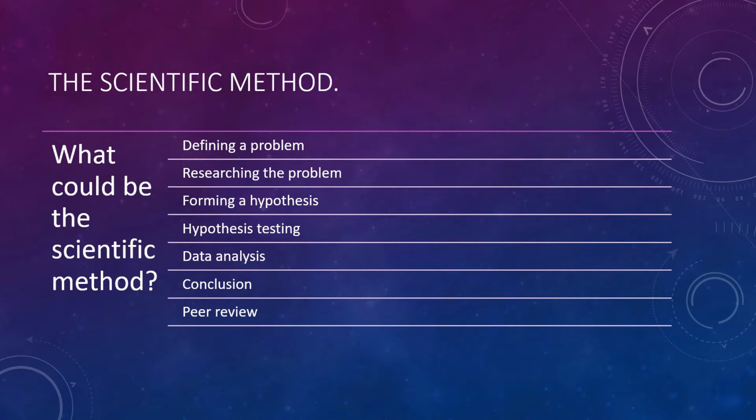They will check the credibility of your work, and if they find it correct, they'll approve of it. Once they have approved of your work, that means that you've found something new. And if it's something new, that would most likely form a set of laws or rules and procedures in the world of science.